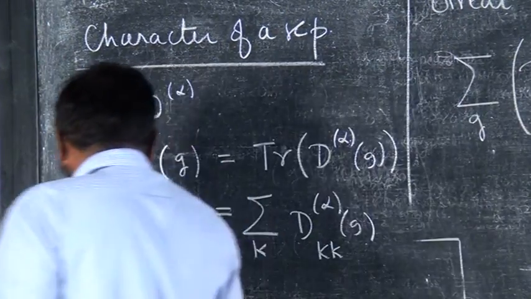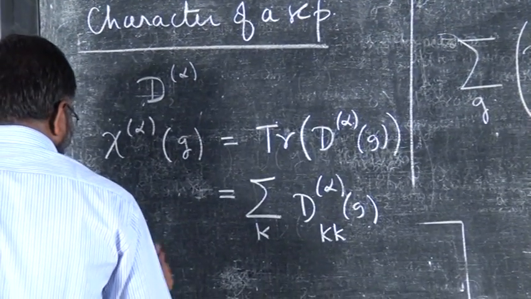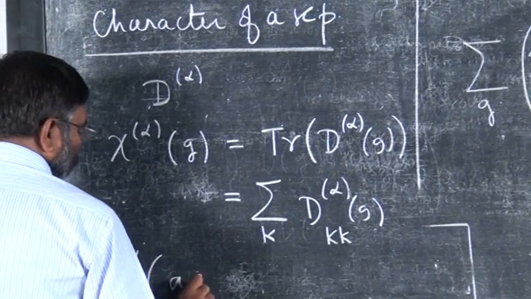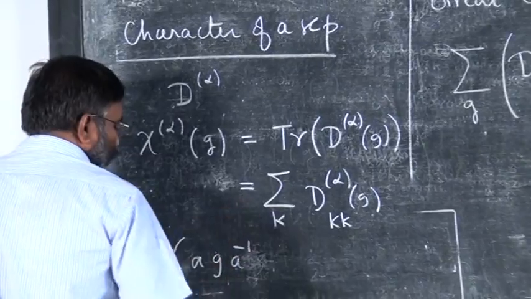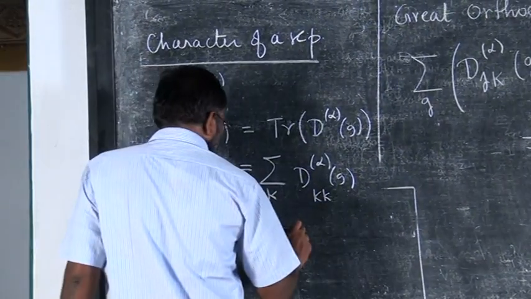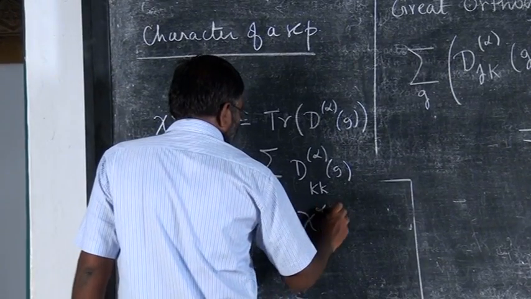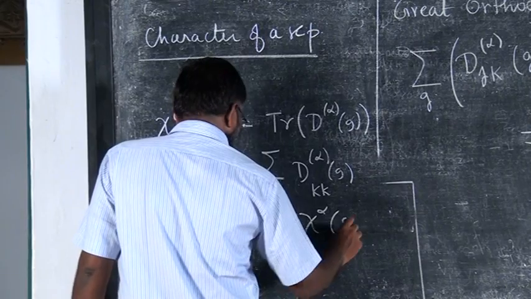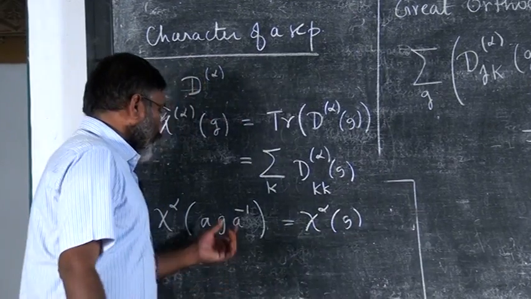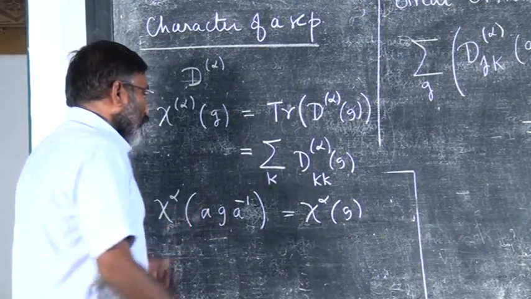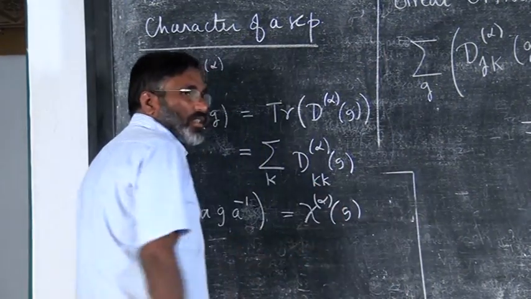Now, notice that for the character of a representation, if you take A G A inverse, it is the same as G, correct? But this may be a different element. So character is actually a class function.